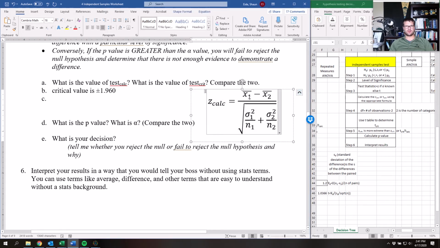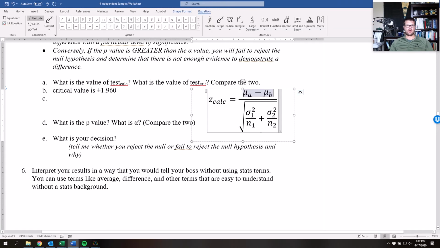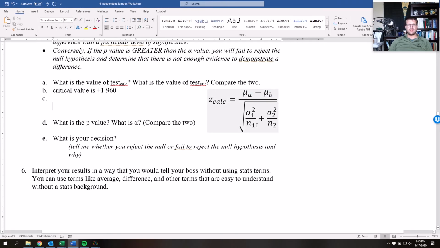There are once again a few different ways to write this. Here, this is the standard error for independent samples tests.